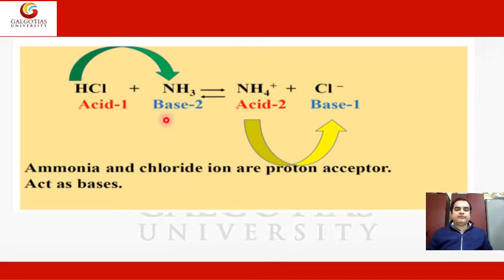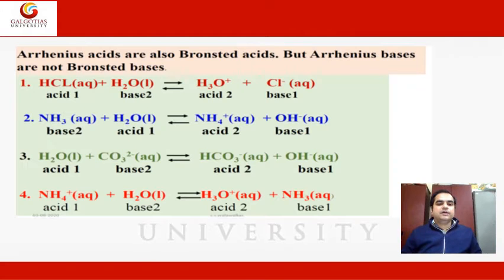Now, ammonia and the chloride ion are both proton acceptors and act as bases, as we have discussed in the previous slide. According to this, Arrhenius acids are also Bronsted acids, but Arrhenius bases cannot be Bronsted bases.